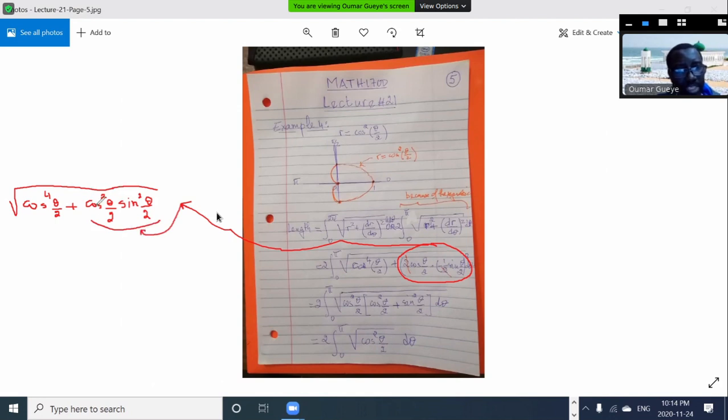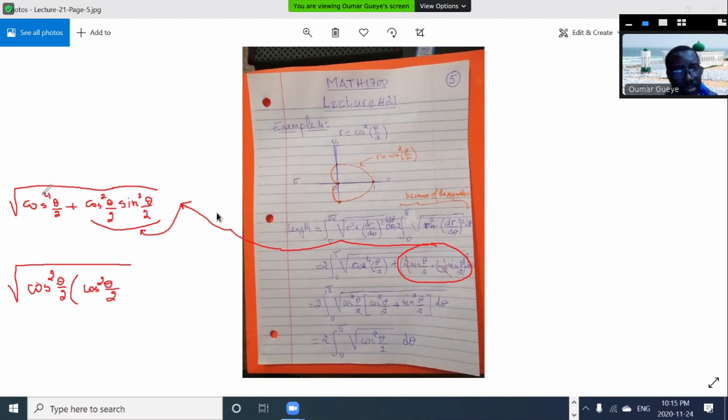And now you guys can see cosine square is a common factor. I'm going to factor out the cosine square. So I'll get here cosine square of theta over 2 times cosine square of theta over 2.